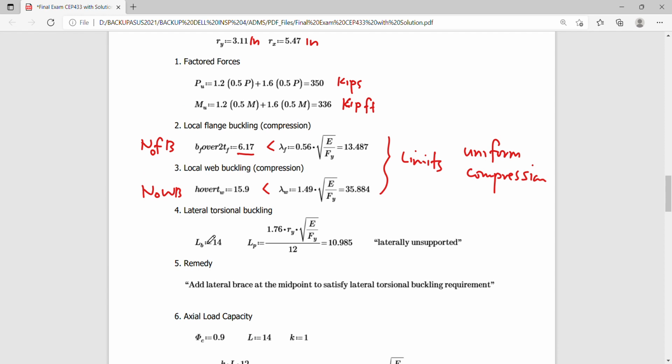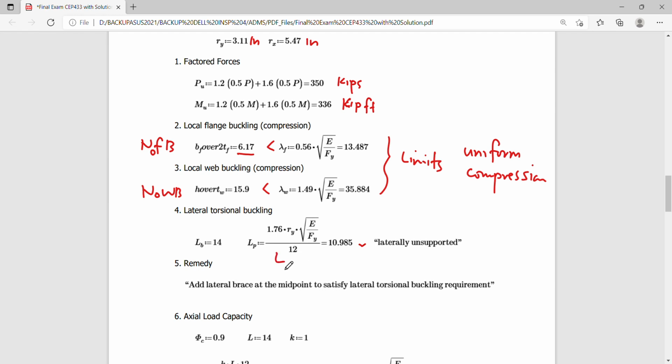For the lateral torsional buckling, we come up with a formula. This is an old formula, but you can use the newer formula, which is more critical and more conservative. Therefore, we get a value of 10.985 as your limit.